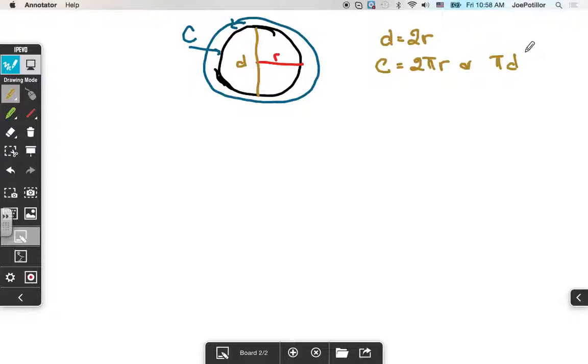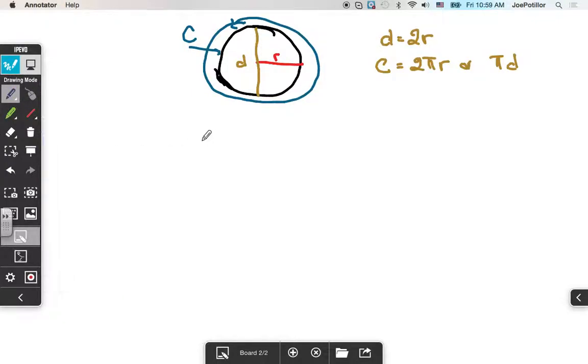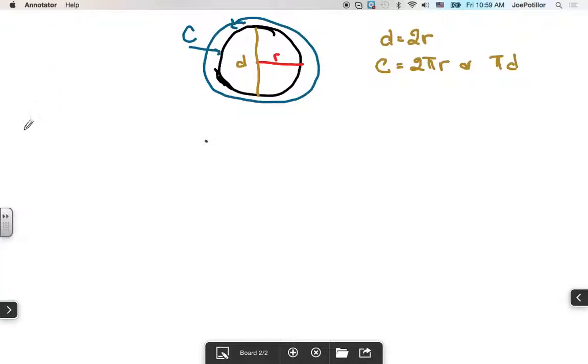Now, a very important definition which you're going to be using is the definition of a central angle. So we'll define a central angle.